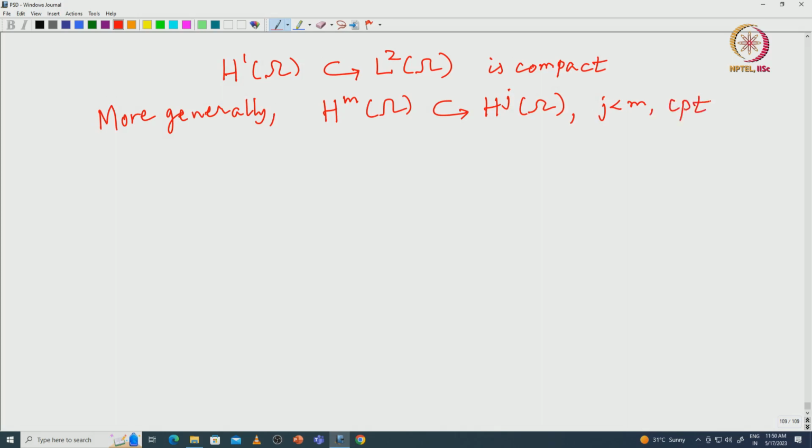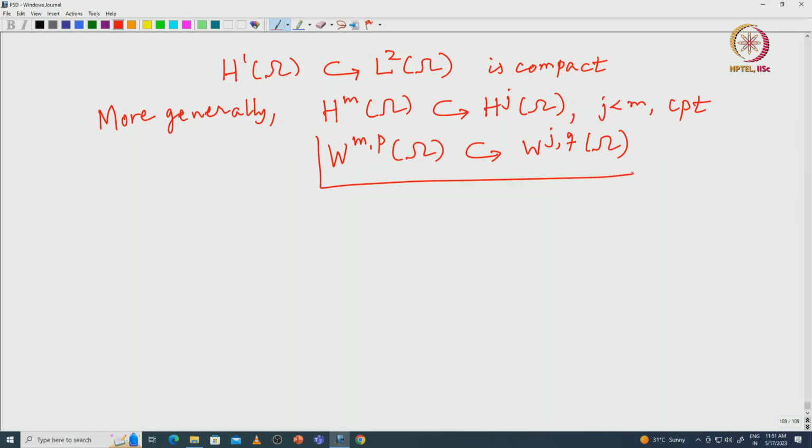And of course, this is more tedious to work with, because we do not have the Hilbert space structure here. In fact, you can go for W m,q here, and for suitable combination, of course, you still require less number of derivatives.